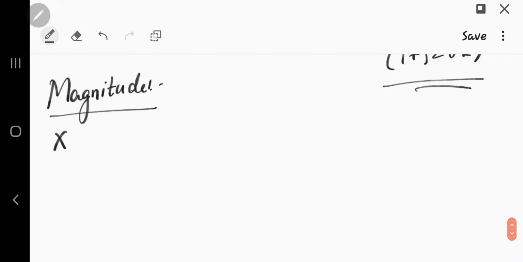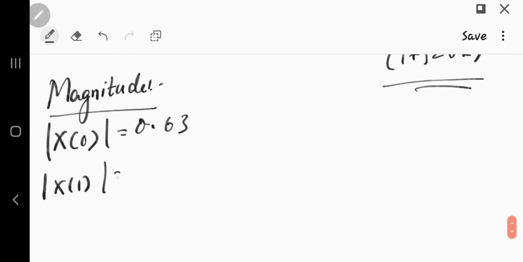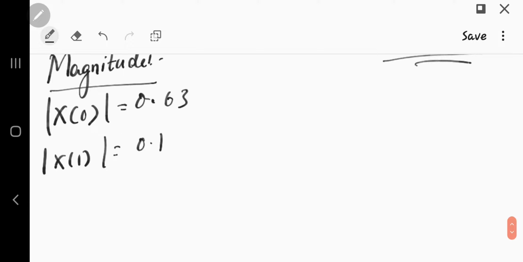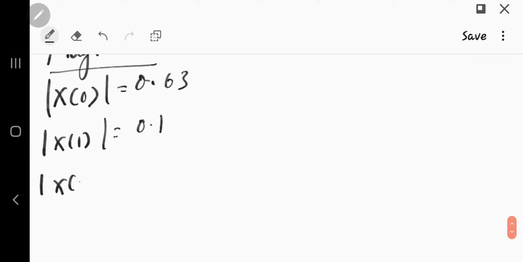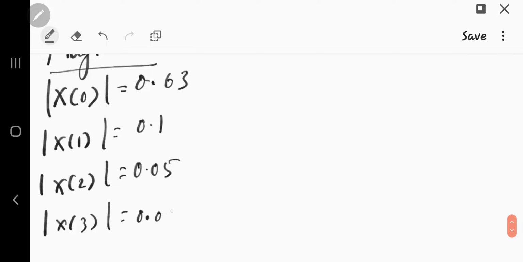Anyhow, I will give the values for you to verify. For x of 0, you will get 0.63, x of 1 you will get 0.1, x of 2 you get 0.05, and x of 3 you get 0.03.